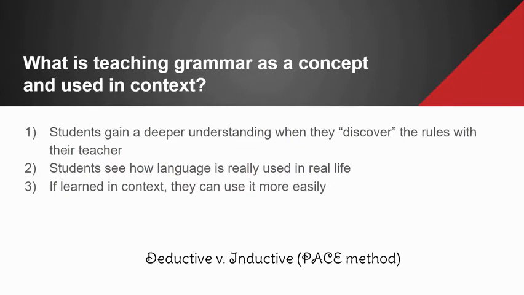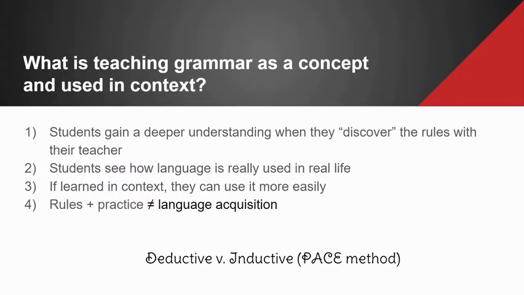If learned in context, they can use it more easily. Typically we use discrete sentences or ask them to write discrete sentences, whatever the concept is we're studying, and it's detached from true meaning. Therefore, when learned in context, it's more meaningful to the students.